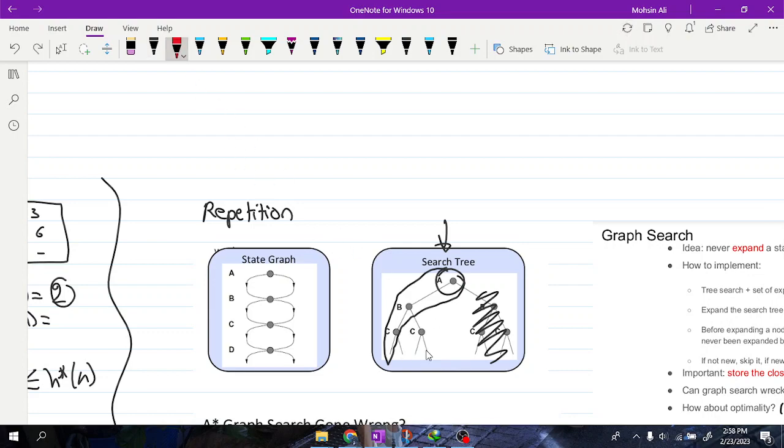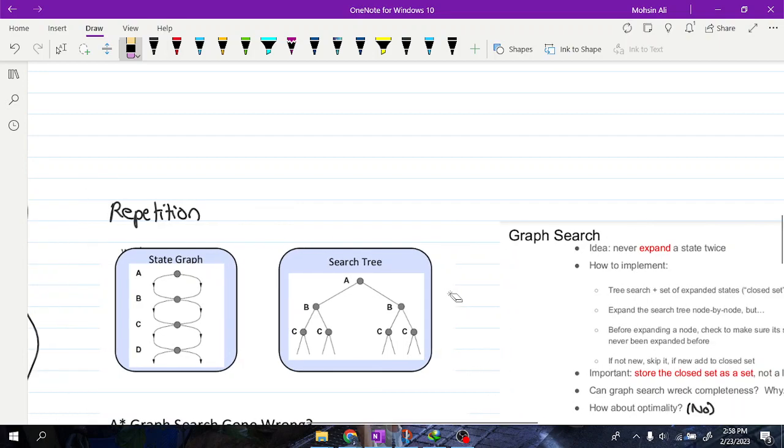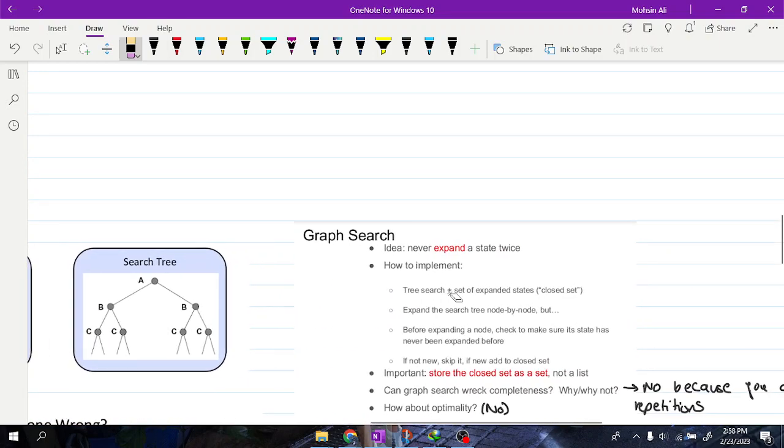It's wasting a lot of time and a lot of resources. So one way to cater to that is to never expand the same state twice, and we can do that by having a set data structure. We will be discussing how to implement a set when I'm doing the coding videos. You can keep a set of visited, in which you're saying, hey, if A is already visited, then don't visit A again.